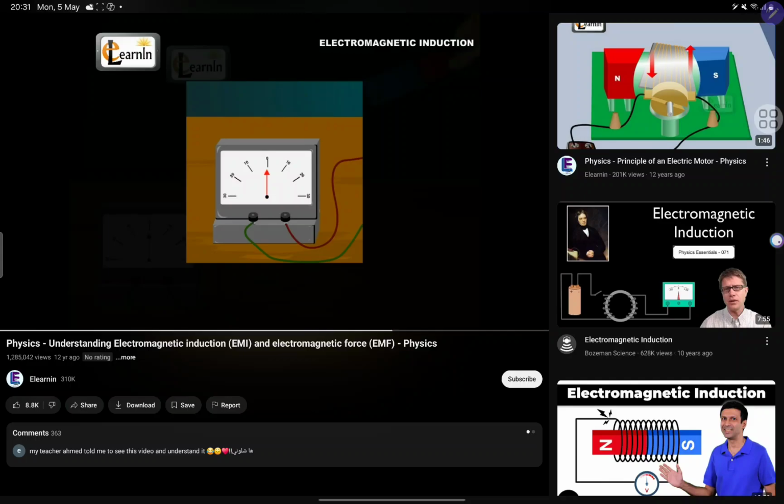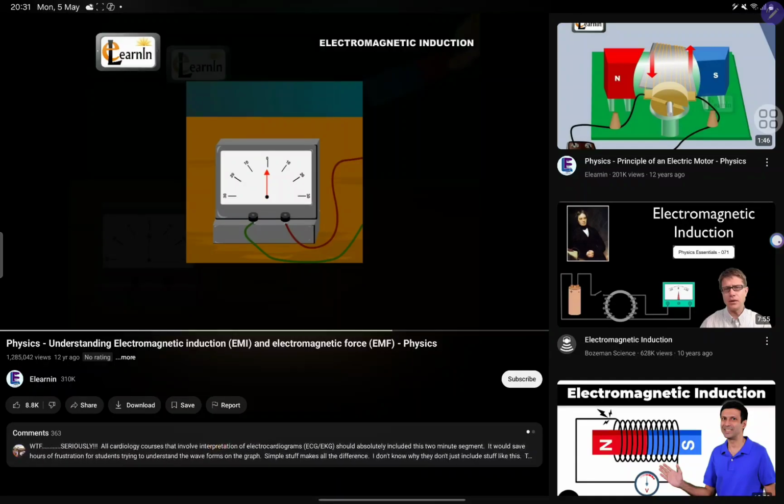Like I said, if there is a change in the magnetic field passing through a wire, then there will be an induced EMF inside the wire.